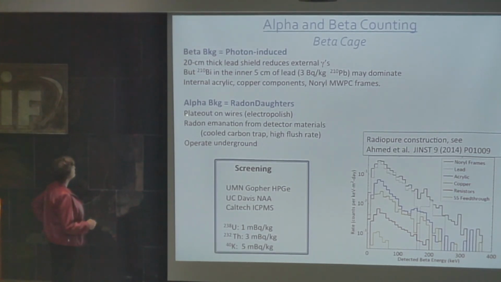These are some of the details. The backgrounds to the beta are photon induced, basically, so you do need a shield when you operate this beta cage, and it should be underground if you want to do it right. All of these beta cages will be put underground eventually. You have to worry about all of the components, the copper, the frames themselves, and the lead in your shield itself.